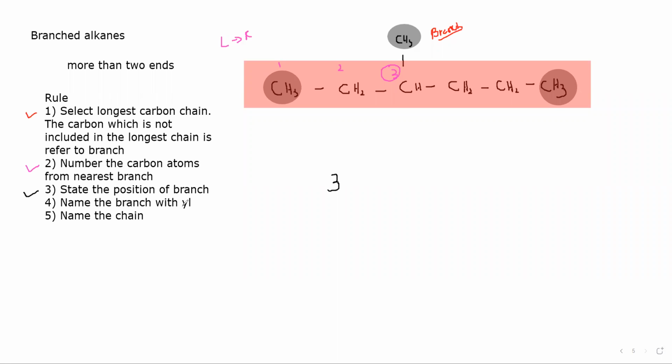Then name the branch with YL. How many carbon atoms are there in the branch alone? There is only one carbon atom. What is the prefix used for one carbon atom? It is meth.